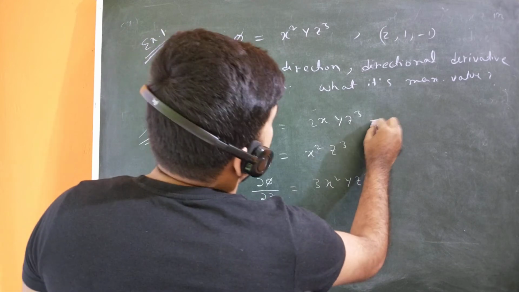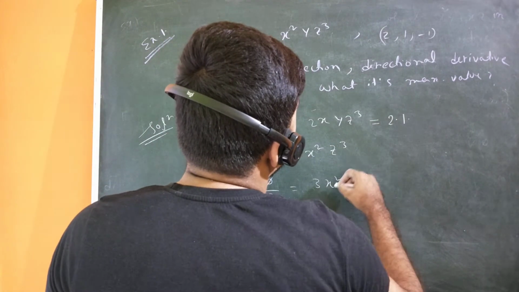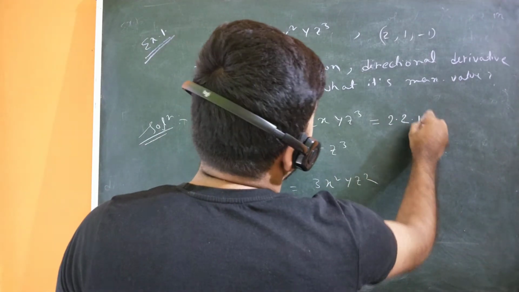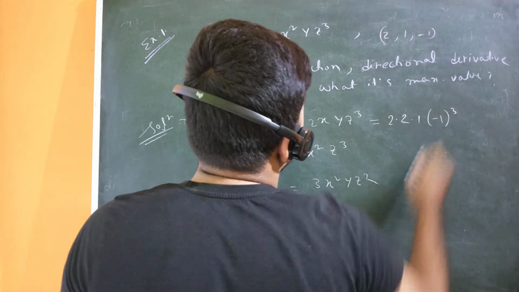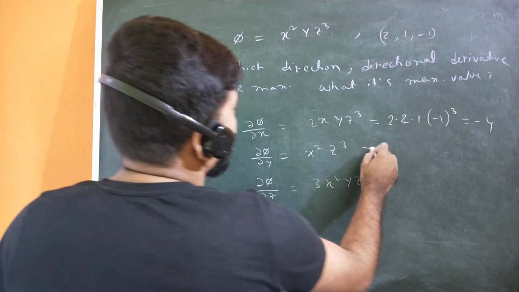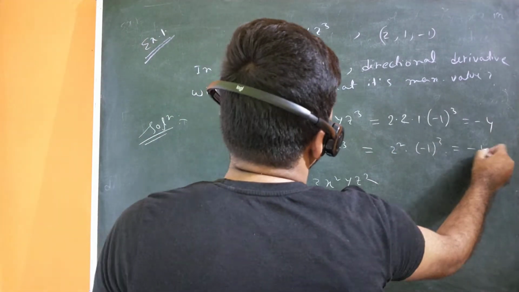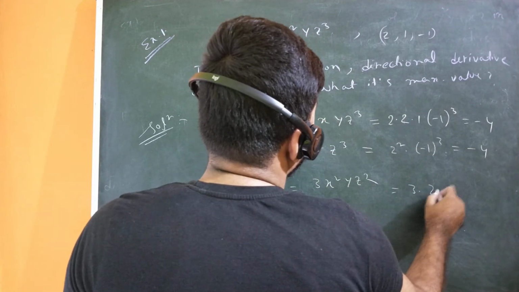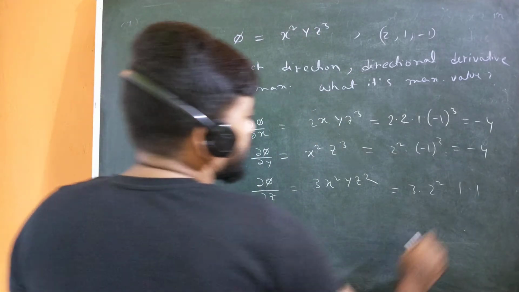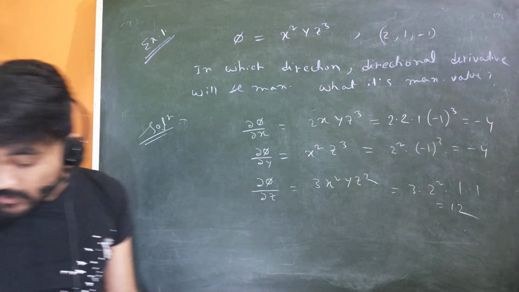If you put (2, 1, -1), it will be 2 into 2, because x is 2, y is 1 and z is -1, so 2 times 2 is 4, and it will be -4. And here x is 2, so 2 square into (-1) whole cube, so it will be -4, and this is 3 into 2 square into 1 into (-1) whole square which is 1, so 2 fours are 8, 4 3s are 12. So it will be -4 i cap -4 j cap plus 12.